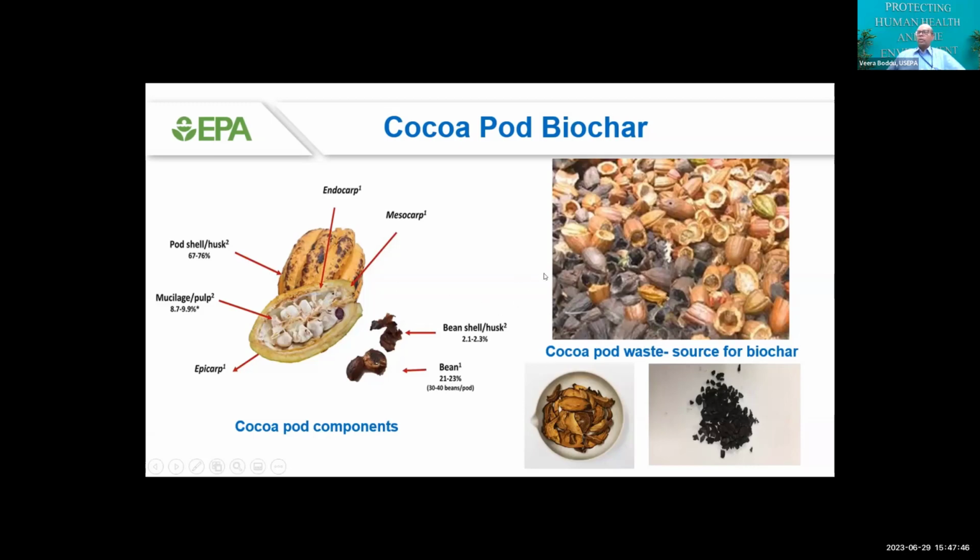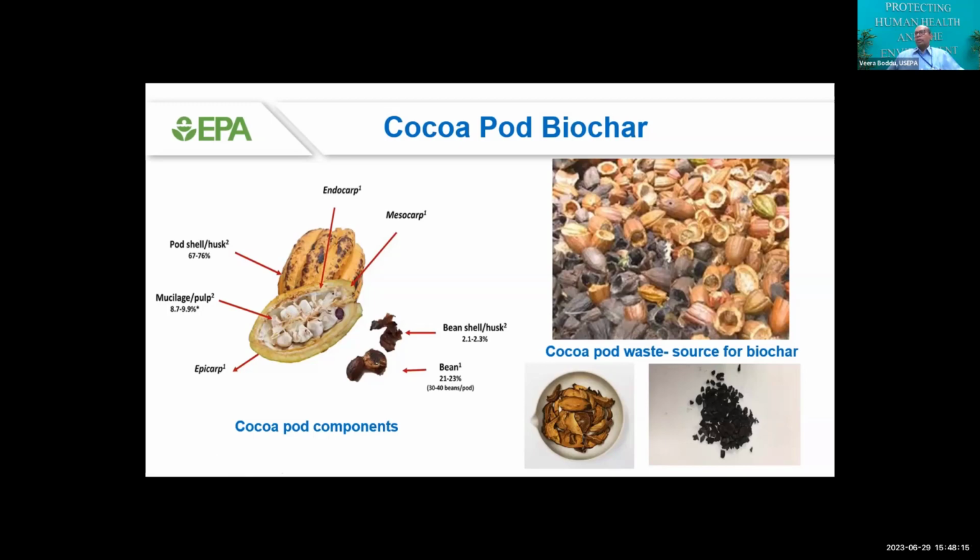I don't know whether you are able to see my pointer, but you can see a lot of waste is generated, and that becomes a nuisance, a breeding ground for mosquitoes and bad smells, and a pollution hazard as well as a health hazard for the local people. Some of it is burnt, but a lot of it is left to rot.